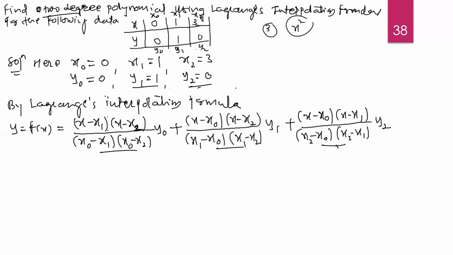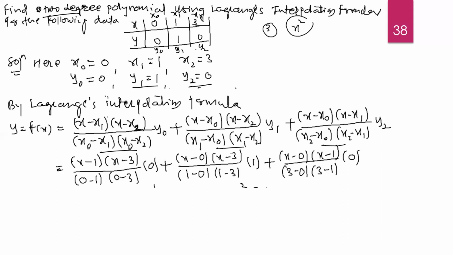Let us put in the values of x0, x1, x2, y0, y1, y2. We substitute here: x minus x1, x minus x2, and in the denominator 0 minus 1, 0 minus 3, into y0. Y0 is 0.